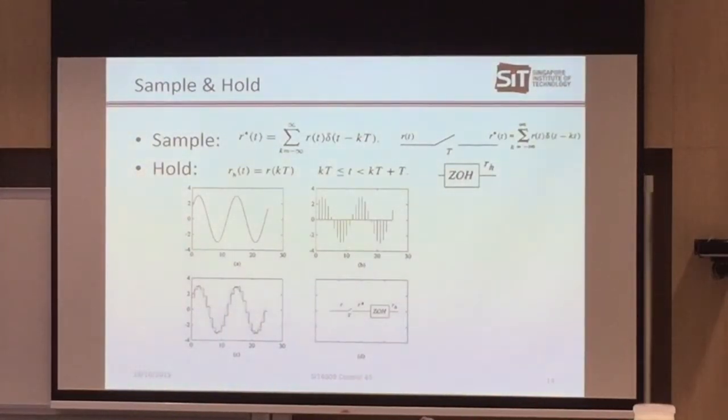So if we have a continuous signal like this, after we have done the digital sampling, we get this one, the output R star. Then if we implement the zero order hold, we eventually get this one, the outcome from your initial continuous form after sampling and holding.